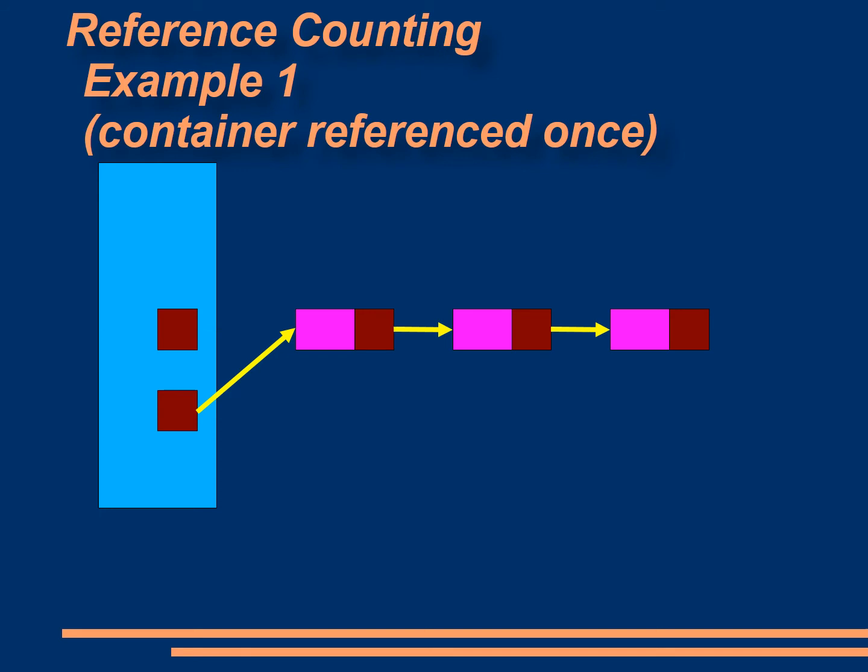And if we remove the reference of the first pointer to the first node, then the nodes are still going to be alive on the heap because the counter is still not null.